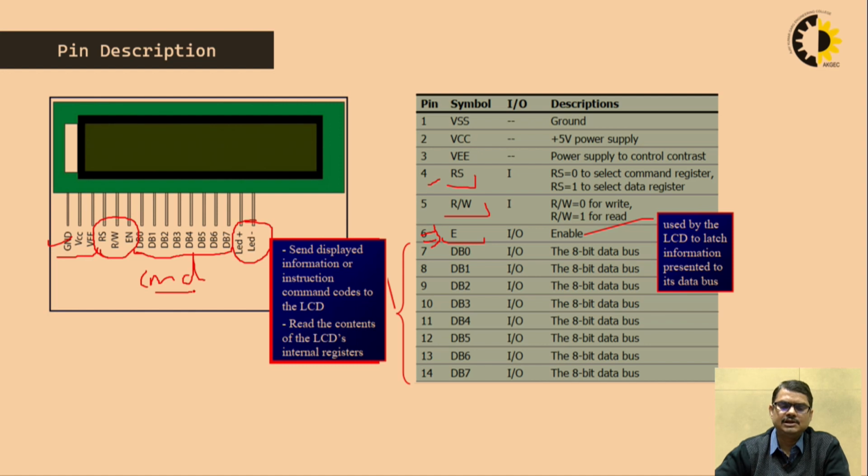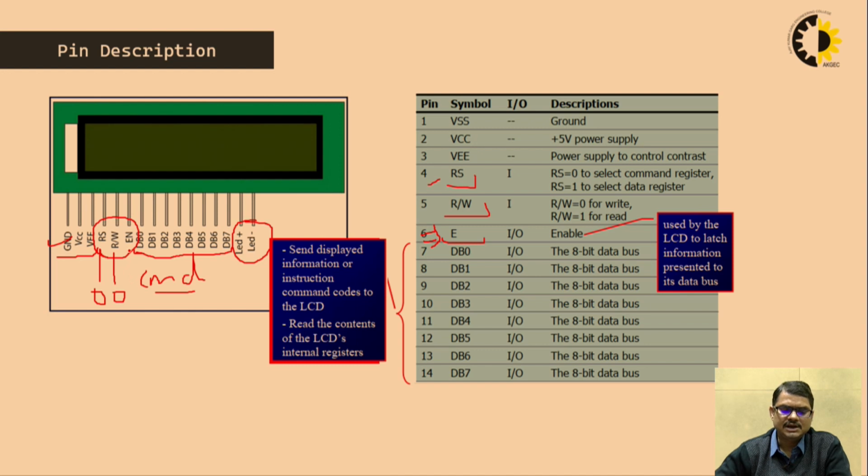We are writing the command onto the data bus, and we are selecting this RS pin as 0 and this RW pin as 0. If RS is 0, that means we are selecting the command register. If RW is 0, that means we are intending to write something inside this LCD.